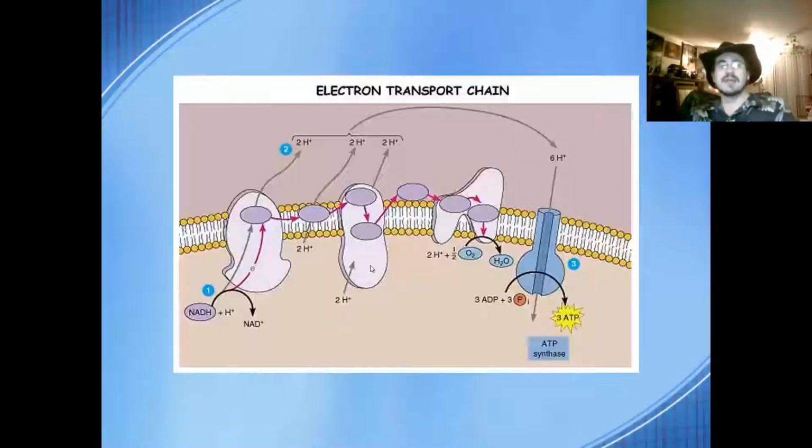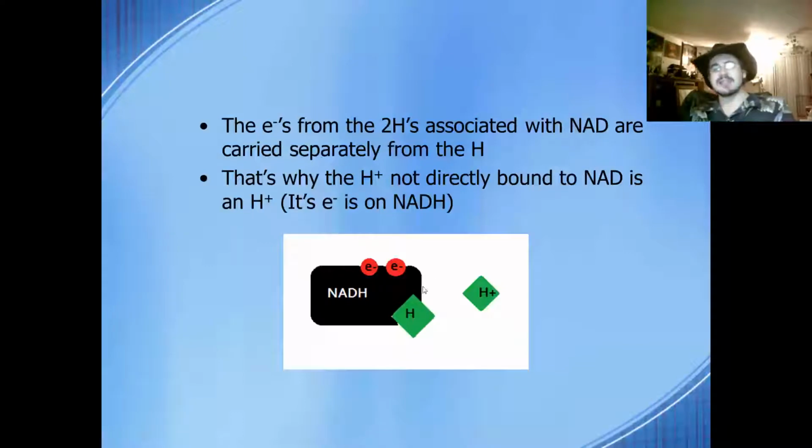So let's take a look at NADH and how it's able to separate electrons from hydrogens. When we talk about NADH, it's an NAD, which is this black rectangle, bonded to a hydrogen. And we don't put H plus there because even though right over here, this is bonded to the proton, and this is the electron, we've still got a proton and an electron, so we've got one functional hydrogen here.